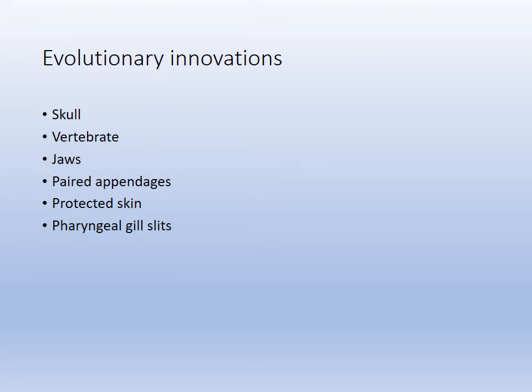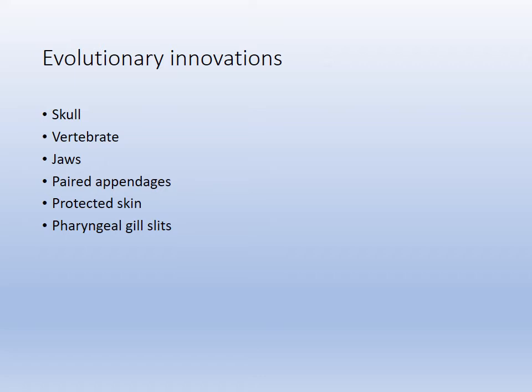Jaws were our first innovation. They're from gill arches. Gill tissue, the lower jaw, was a fish innovation from the jawless fish to the fish with jaws. Paired appendages are a fish innovation. So we owe our arms and legs to fish innovations.